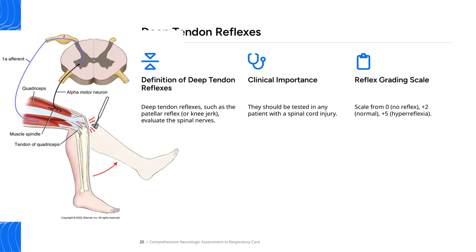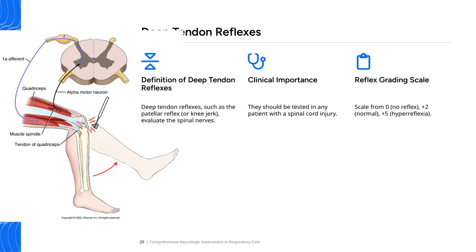It's important to test these reflexes in any patient with a spinal cord injury because they provide vital information about the integrity of the spinal nerves. For example, the patellar reflex, or knee jerk, is a classic deep tendon reflex that we use to assess nerve function. To define deep tendon reflexes, they are involuntary responses that occur when a specific tendon is tapped, stimulating the associated nerve and muscle pathway.